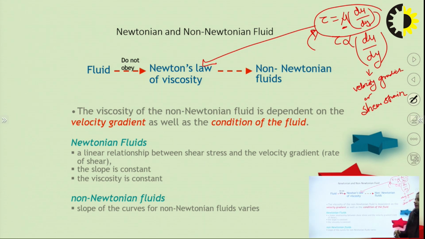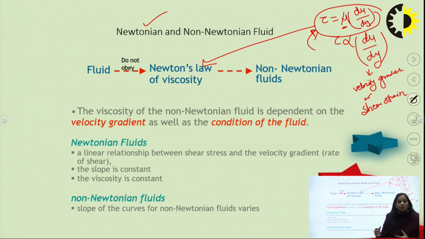Fluids that obey Newton's law of viscosity are called Newtonian fluids, which follow that equation: shear stress is proportional to velocity gradient. But there are many kinds of fluids available in nature. Some fluids follow Newton's law of viscosity, and some do not.